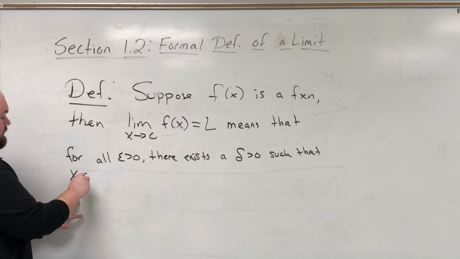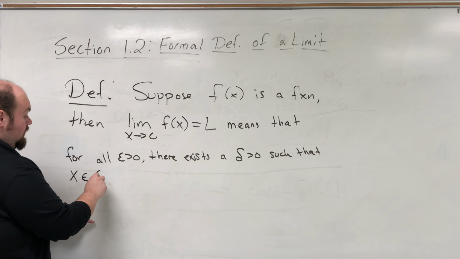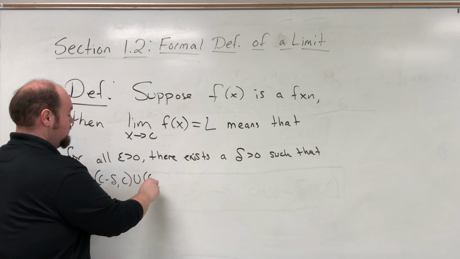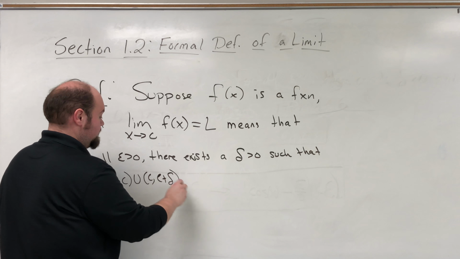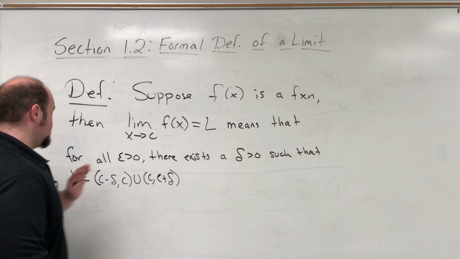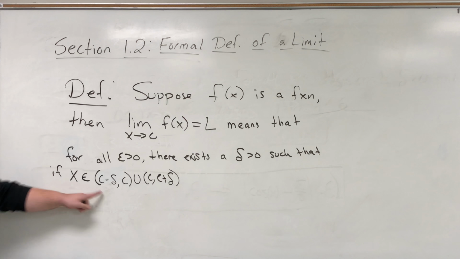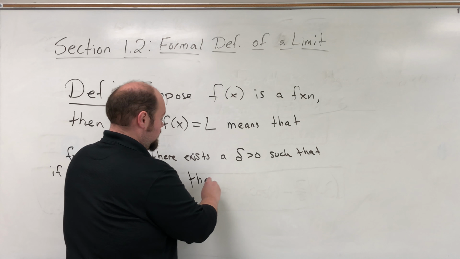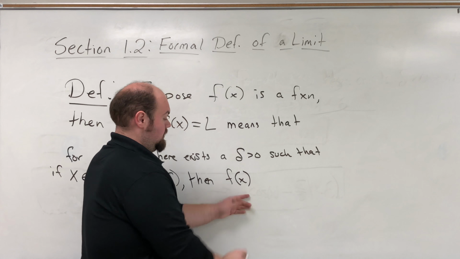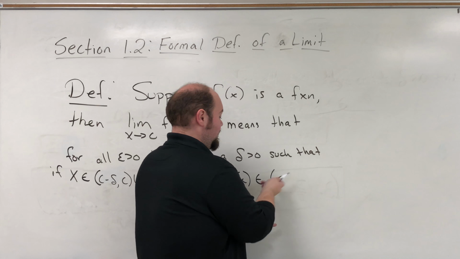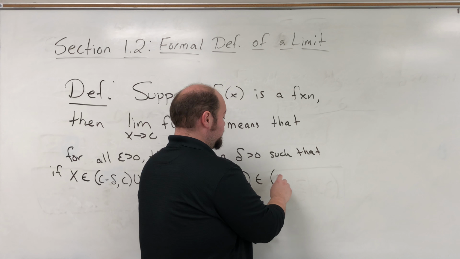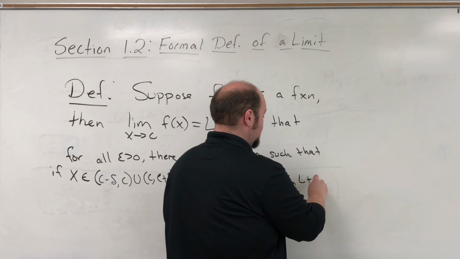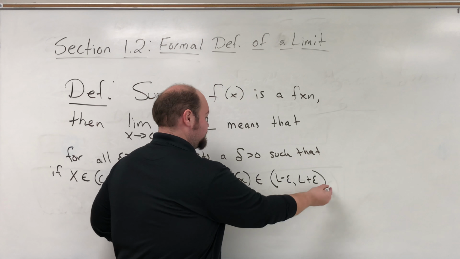all of your x values are within c minus delta union c plus delta, such that, if your x values are in this punctured interval, then your function must be contained within this interval of L minus epsilon, L plus epsilon.